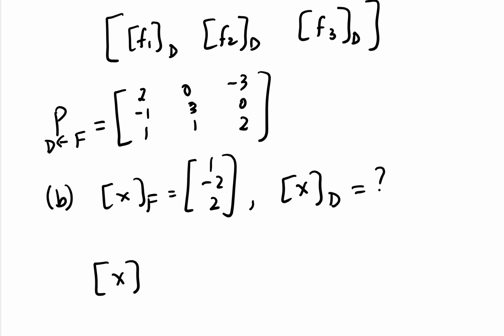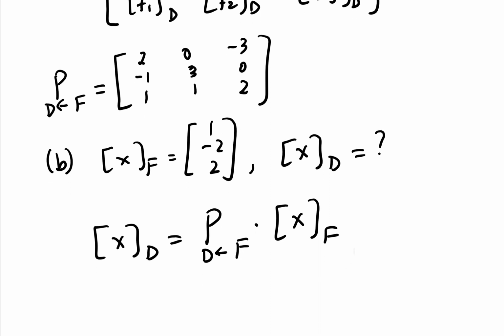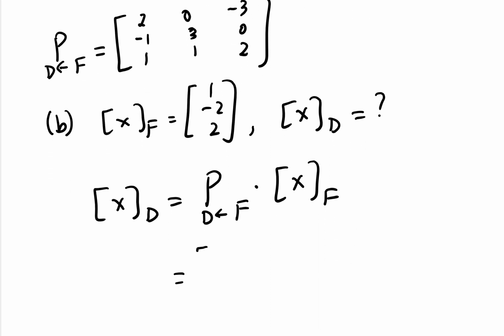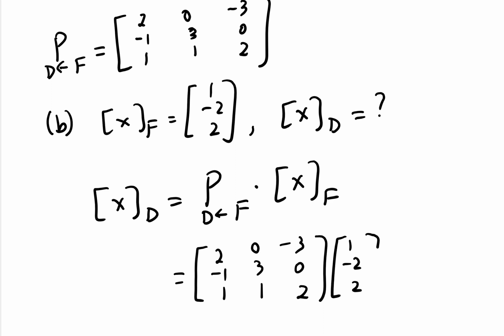To do that, one thing we learned today is we can take the matrix from F to D that we found and multiply it by X in the basis F by the theorem above. And here, what is this? This one we found: 2, -1, 1, 0, 3, 1, -3, 0, 2, and you multiply this by 1, -2, 2.